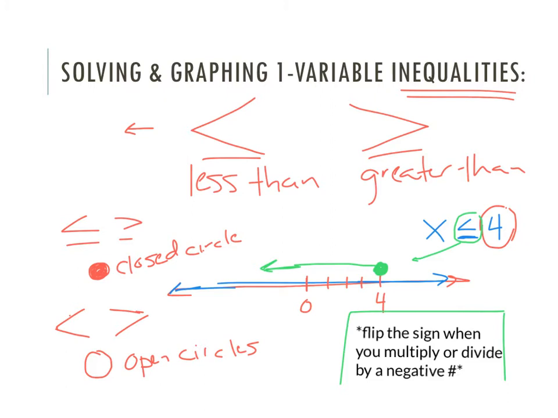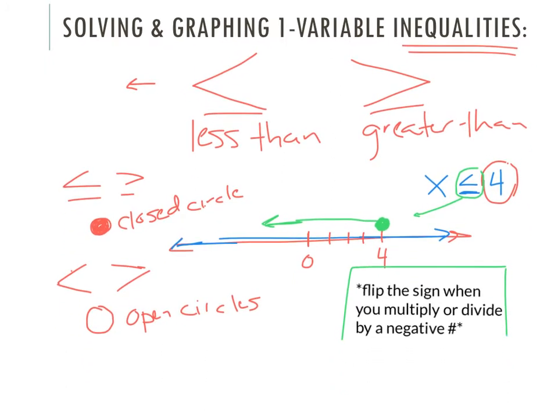And so for example, if we were to solve negative 2x less than 4, okay, when we're solving we want to get the variable by itself, and so I would have to divide by a negative 2, and I would have to do that to both sides to balance the equation.